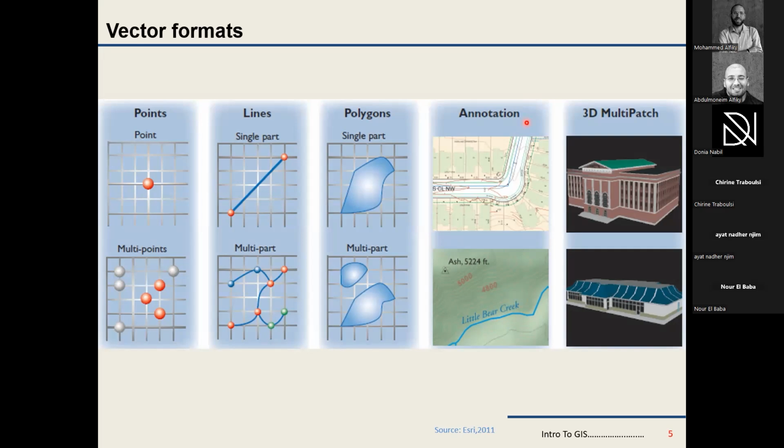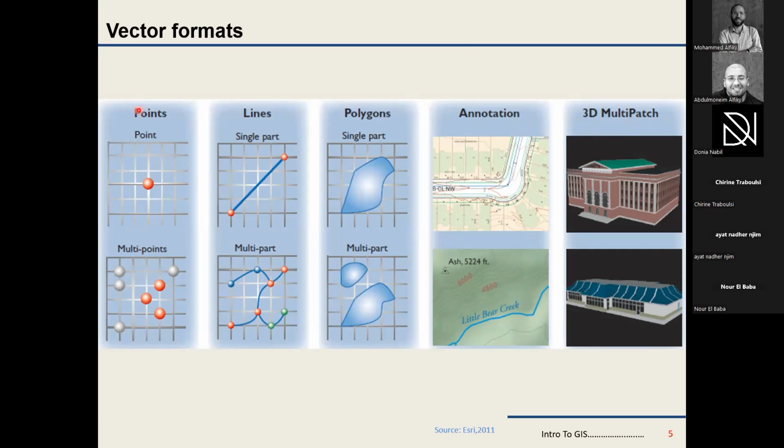So we can have an annotation feature class, or we can have 3D multi-patch, which allows us to store data that looks like the facades of buildings and 3D modeling of it. That also is something that we have the ability to do.